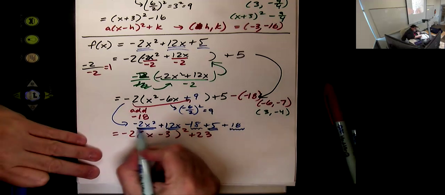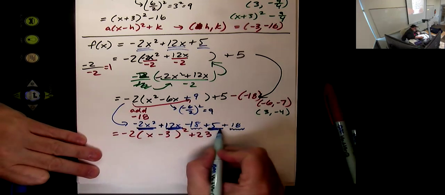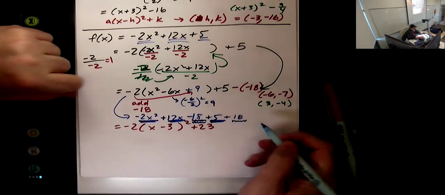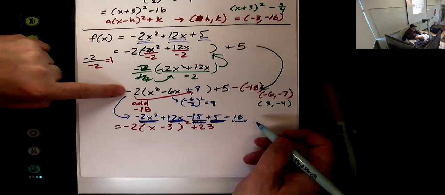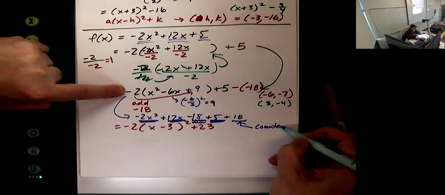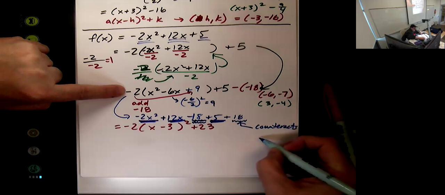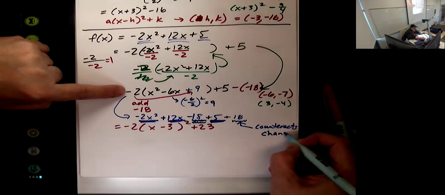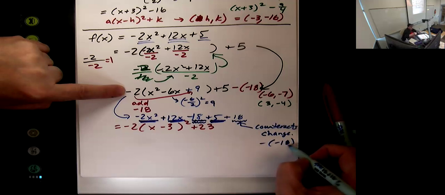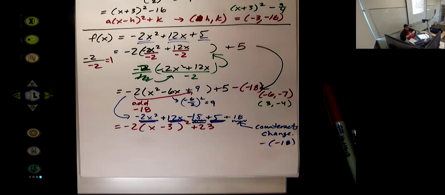This is from the original. This is what we did to the inside, after the negative 2. We have to counteract that, so this counteracts the change. And that's the same thing as doing the minus negative 18. Okay, that makes sense.